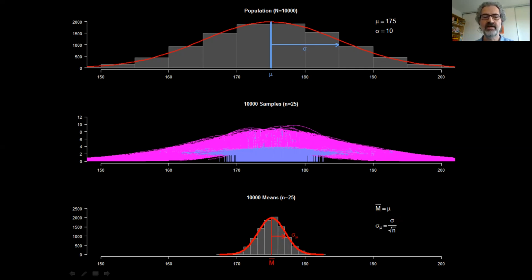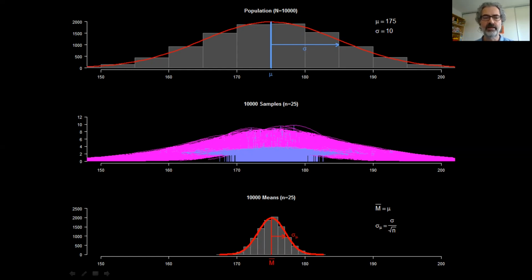And the standard deviation of this set of sample means is related to the standard deviation of the population by dividing by the square root of the sample size. So larger samples lead to smaller standard deviation for the sampling distribution of means.